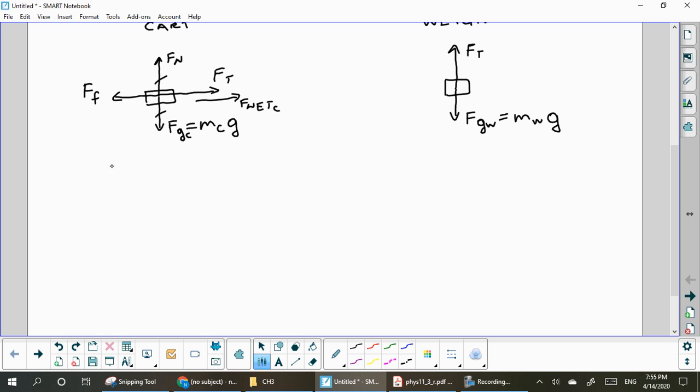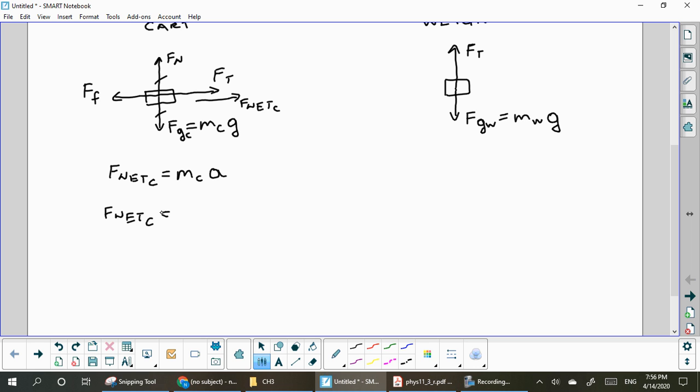We know that F net C is mass times acceleration. So in this case, it's the mass of the cart times the acceleration. And it's going to be the same acceleration for the cart and the weight because they're connected together. We can also express F net C as a sum of all forces.